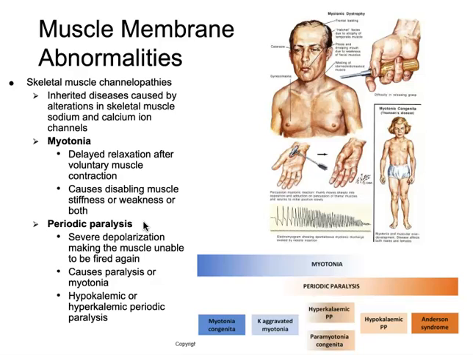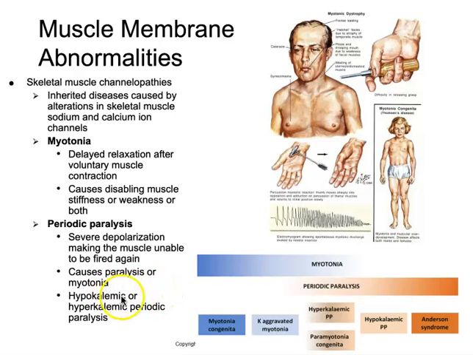So this is caused by an autosomal dominant mutation that affects the sodium, potassium, and calcium channels. And as a result, it's causing paralysis or myotonia. Now we have two different types.